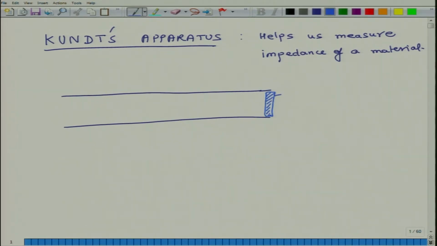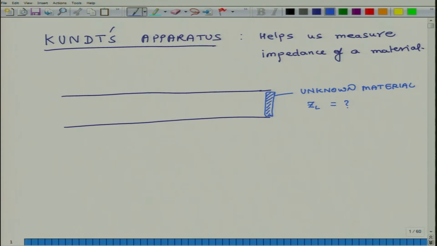So, this is the unknown material, and let us say we want to find out its sound absorption properties, and we characterize these sound absorption properties by parameter Z. So, let us say its impedance is ZL. When I place this material in the tube of this size, the impedance which it offers to wave propagation is ZL, and we do not know this ZL. So, we have to figure out what is the value of ZL.